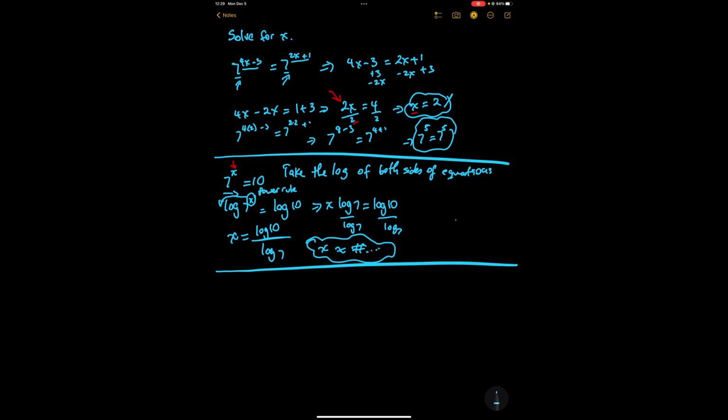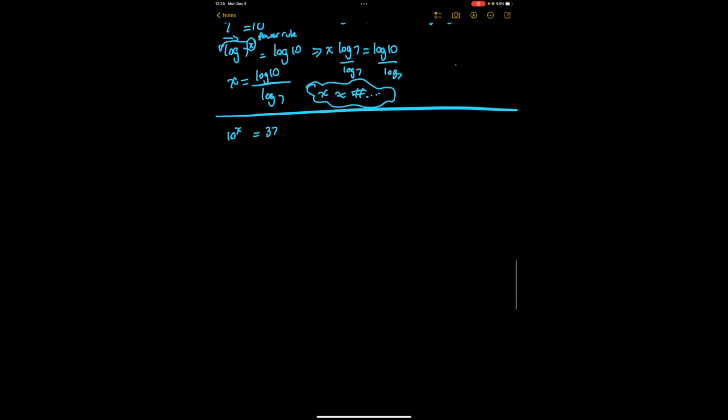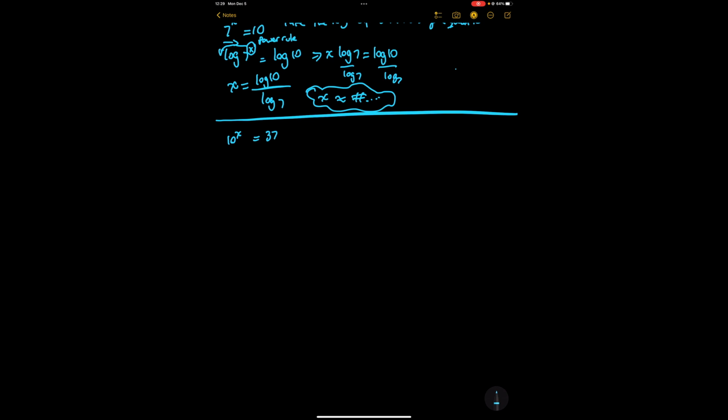Let's say we have this: 10^x equal to 37. Again, what I'm going to do is take the log on both sides.